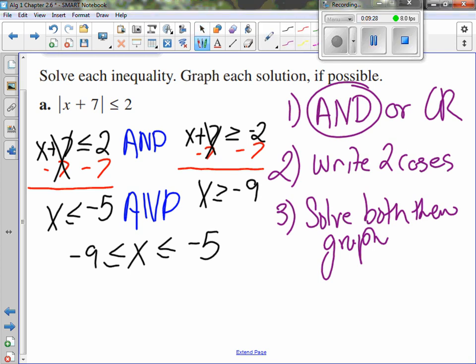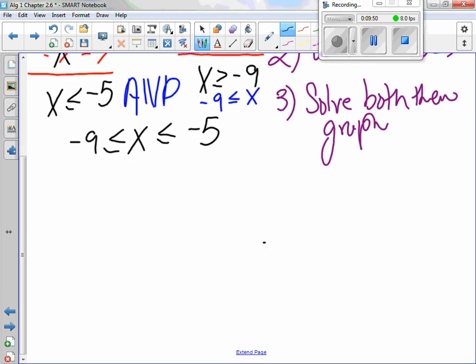Because I could rewrite this one here as negative 9 is less than or equal to x, yes? Flipped it. And that's what we have here. Because for these and statements, x should be in the middle. If it is a true statement, x is in the middle. Any questions on this here, how we got to this?